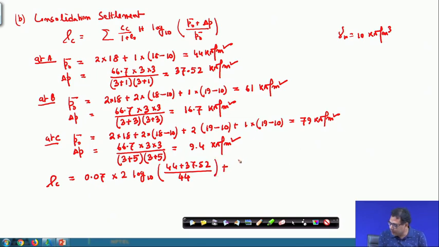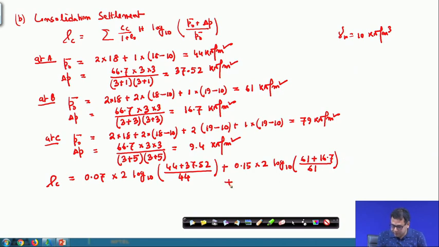Then for the second layer it is 0.15, thickness of the layer is 2 meter, this is log10, this is P0 is 61 plus del P is 16.7 divided by 61.